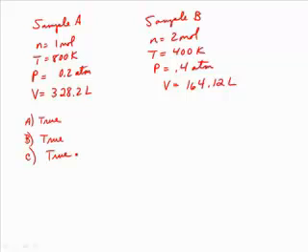D, the mean square velocity of molecules in sample A is twice as large as the mean square velocity of molecules in sample B. Okay, this is going back to the equation that we used, but not like I think you used it in your online homework, but it is the root mean square velocity, and that is, if you remember, the square root of 3RT over the molar mass.